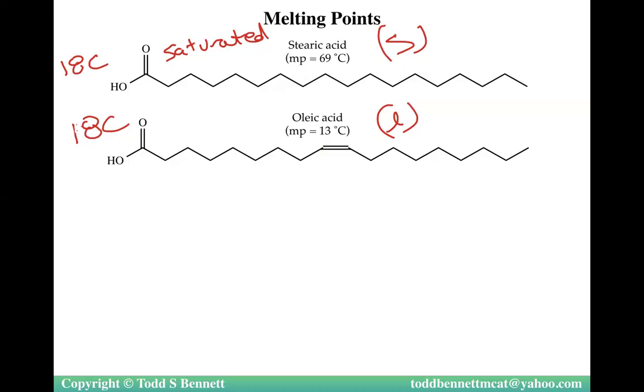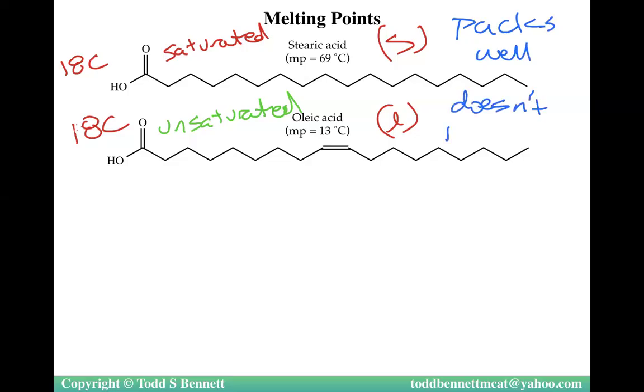When you have unsaturated, you do not pack as well. So saturated packs well. Unsaturated doesn't pack well. Which means if it doesn't pack well, weaker forces, melting point can be lower.